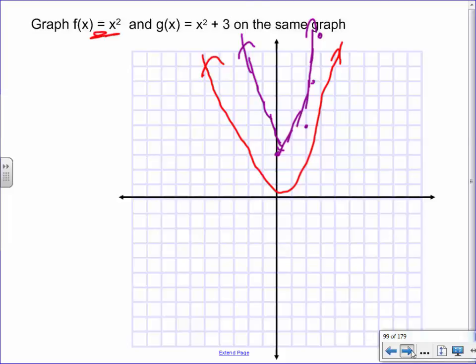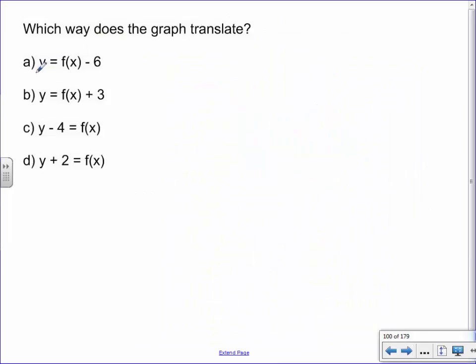Let's do a couple more rounds. What would this guy right here do? You're going down 6. This guy right here. Anybody else get that?